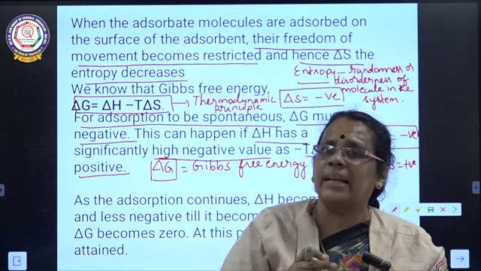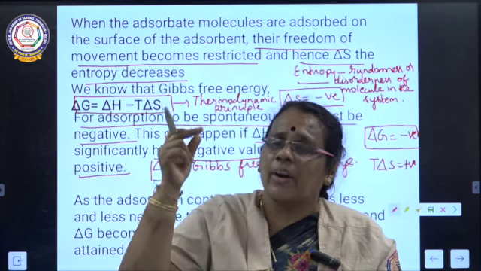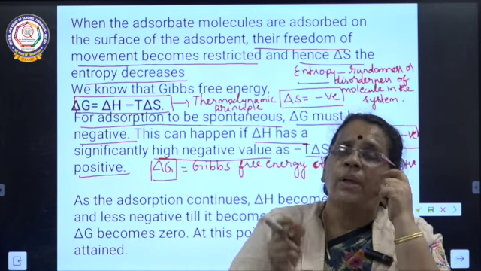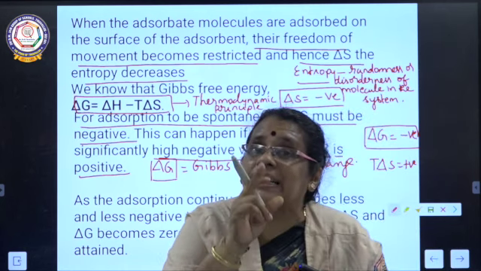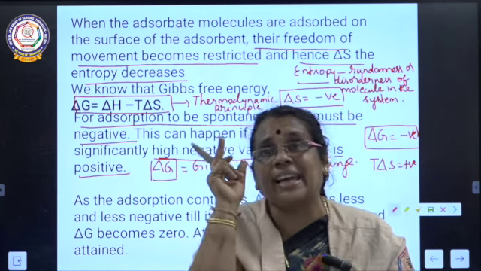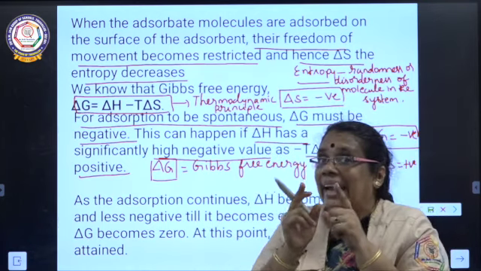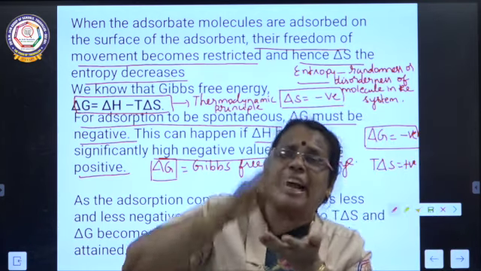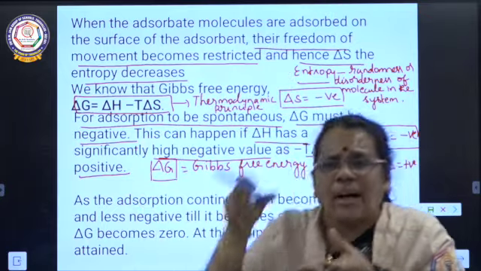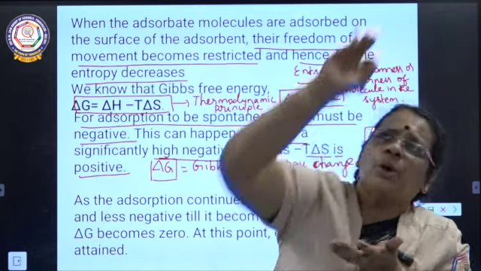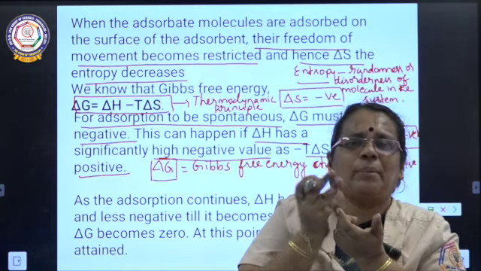Here delta S, what is that? It decreases from positive, so delta S is also negative. So I wanted delta G to be negative. In such a case, what can be done? Delta H should have a high negative value. If the negative value is greater and the positive value is less, when you subtract the positive value from the high negative value, what will be the answer?